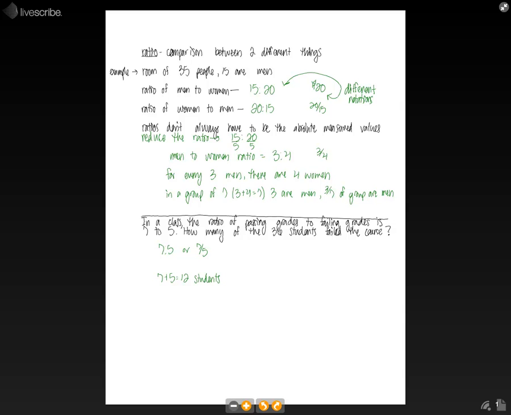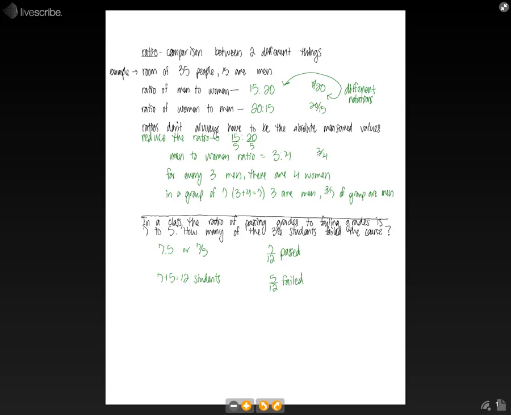So we know that 7 of these 12 students passed because the ratio was listed as passing to failing, so the 7 corresponds with the passing and the 5 corresponds to the failing. And so we have 5 of the 12 in our representative group failed.